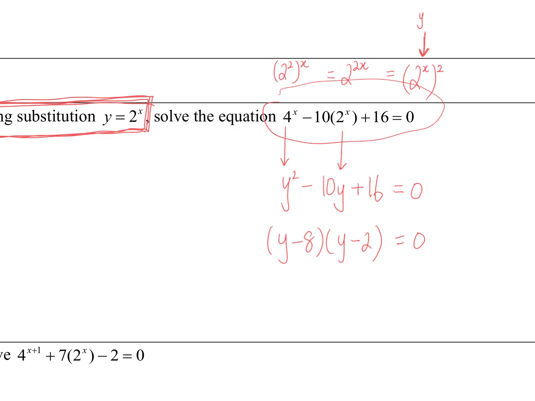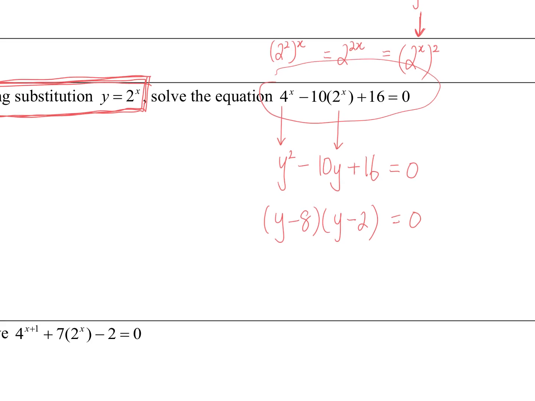Okay, so this solving shouldn't be difficult for you because it is just what you do all the time in Sec 2 all the way to Sec 3. So when you solve it, you get this. So this is the only new thing in 5.1 that is A Math. In A Math, you need to use substitution to solve the indices question. So once you reach here, you are not done yet because your ultimate goal is to solve for x.